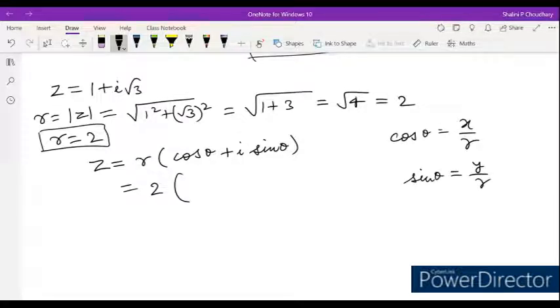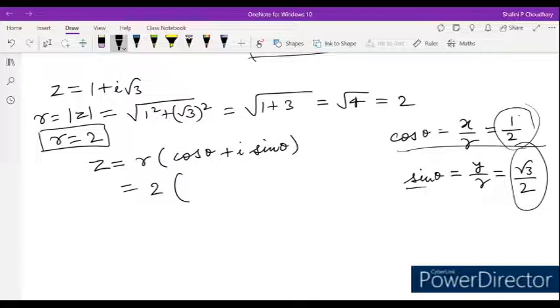The value of x is 1 and r is 2, so cos theta is 1 upon 2, and sin theta is square root of 3 divided by 2. So theta is 60 degrees, which is pi upon 3.